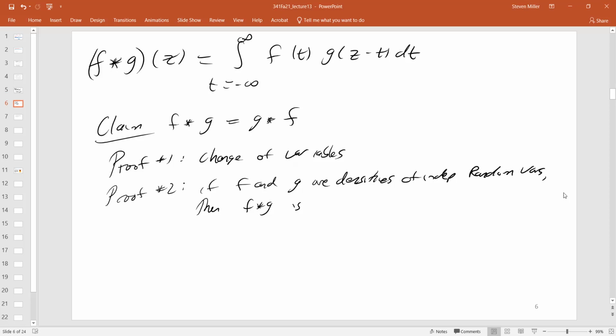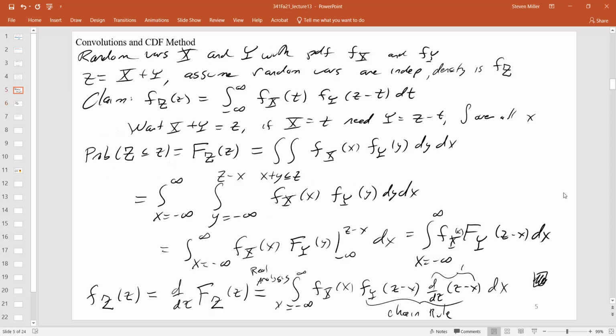But there's an interpretation. If X and Y were independent random variables and Z is X plus Y, we just showed the density of Z is the two densities convolved.